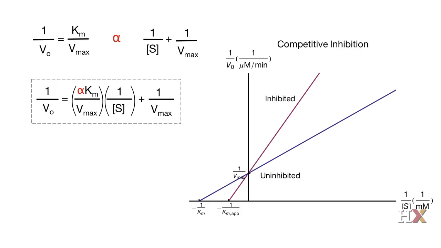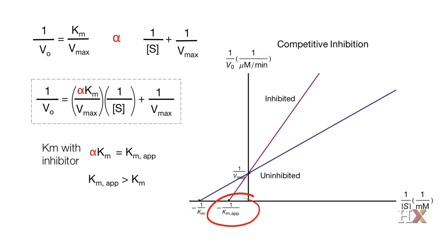So the apparent Km in the presence of an inhibitor is alpha times the Km in the absence of the inhibitor. And because alpha is larger than 1, our apparent Km in the presence of inhibitor is higher than the Km without inhibitor. That is also what we predicted.